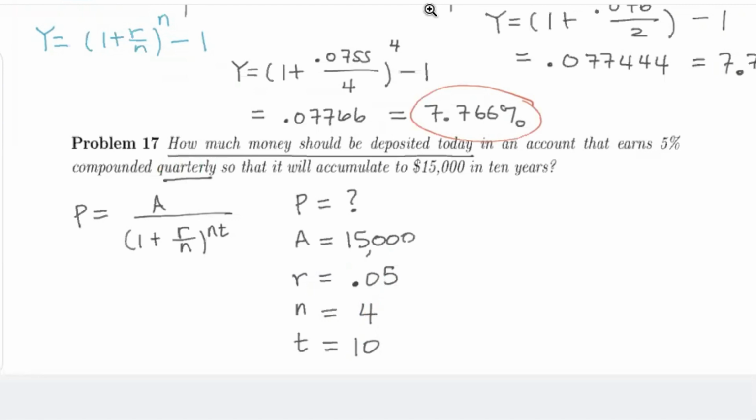Let's put this into the formula. 15,000 all over 1 plus 0.05 over 4, to the power 40. So it's the exact same thing. You use your calculator, you type 15,000 divided by open parentheses 1 plus 0.05 divided by 4 close parentheses to the power 40, as it's written.